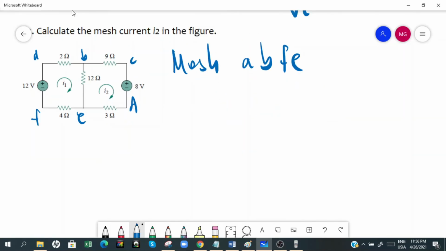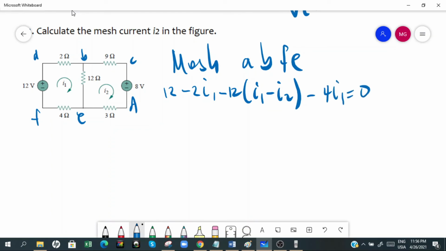Mesh is going right there, so it comes out from the 12 volts, so positive. Since the same current and direction, we have minus 2 I1, and here 12 ohms is influenced by both I1 and I2, so that's why we have 12 (I1 minus I2). Another is this one for the same current I1, so we have 4 I1 is equal to 0.